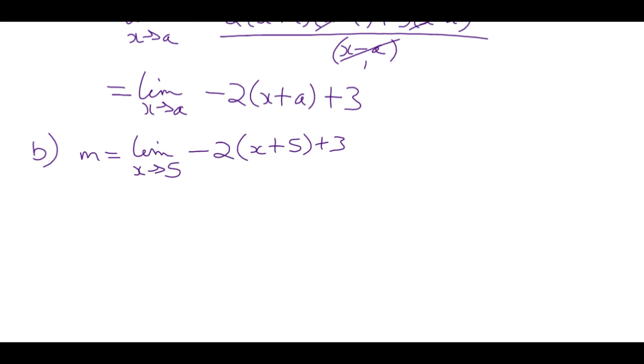Oh, well, I guess x is approaching 5. That's just a 5, right? Put the x back in there. Now we put the 5 in, correct? Negative 17.